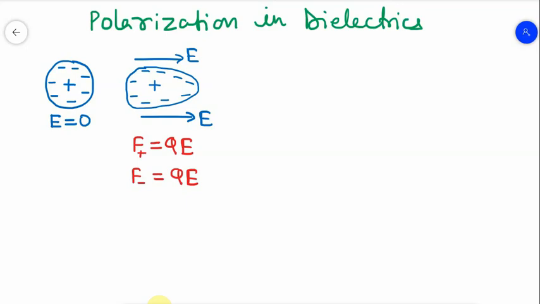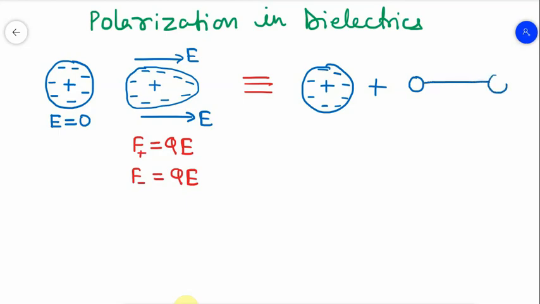Now this particular condition can be represented as this electrically neutral molecule as it was before, and the set of two equal and opposite charges, minus Q and plus Q, separated by a small distance d.